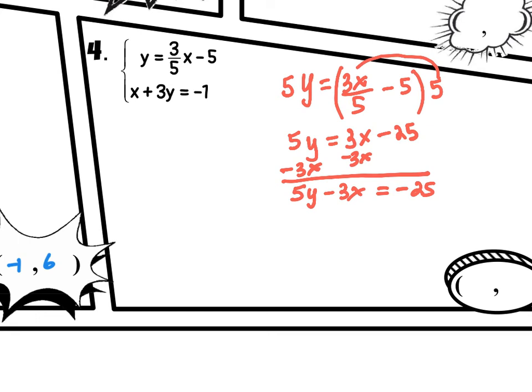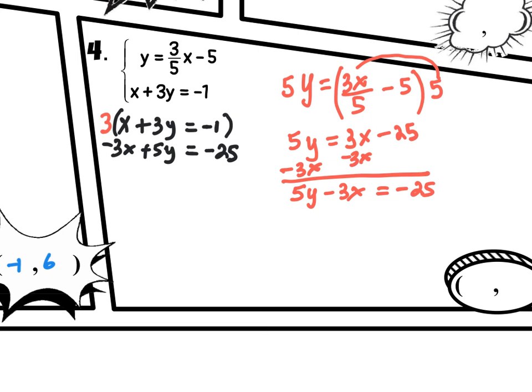Okay, so I'm going to write that equation over here. I have x plus 3y equals negative 1. I have negative 3x plus 5y equals negative 25. And you notice that that first equation, if I just had a 3 there, it would eliminate.